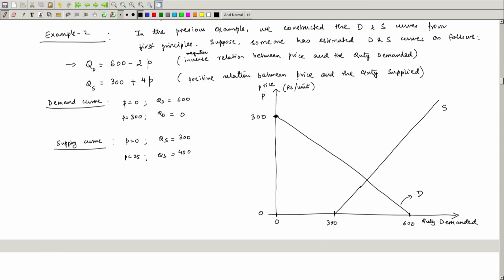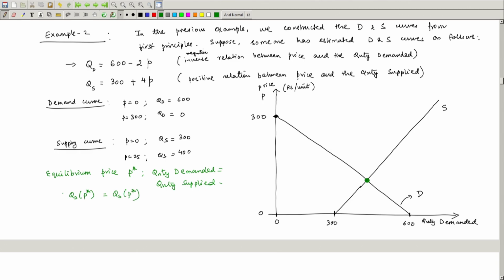Now I know from the graph that the market equilibrium is P star. The equilibrium price P star is the price at which the quantity demanded and quantity supplied are equal. So, quantity demanded at P star must equal the quantity supplied at P star.